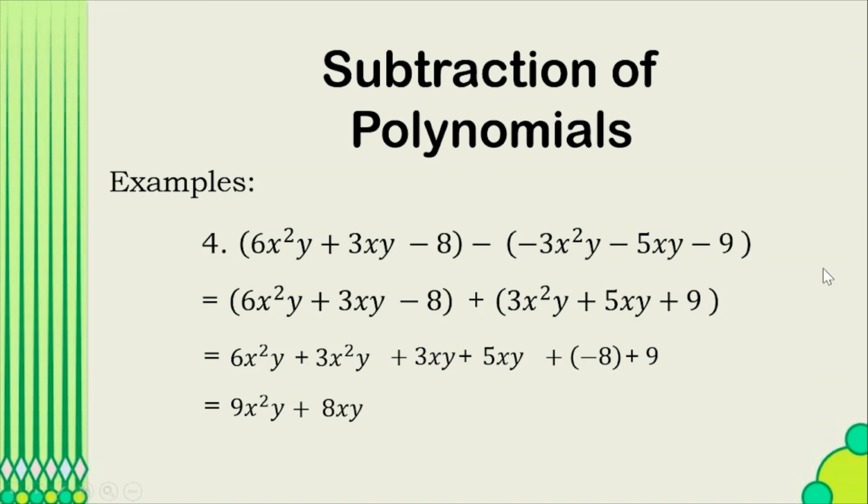So the absolute value of negative 8 is positive 8 and of positive 9 is positive 9. So 9 minus 8 is positive 1. What is the sign of the number with a greater absolute value? So it is positive. That's why our answer here is positive 1. So write plus 1. Final answer, 9x squared y plus 8xy plus 1.